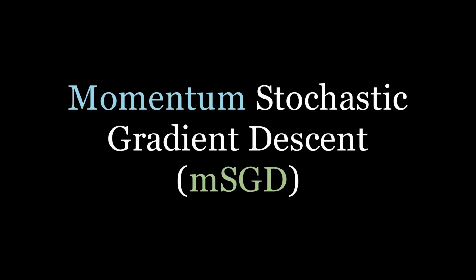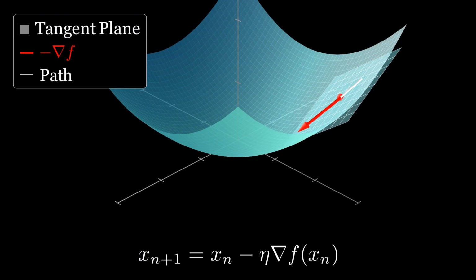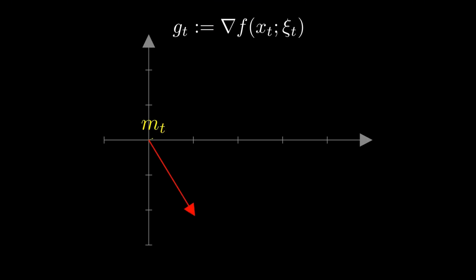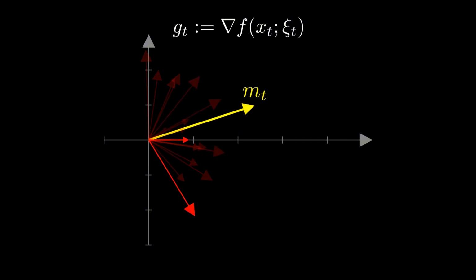Let's now recap the Muon optimizer with some common tricks that we use for ML optimizers. In the trust region picture, each step chooses a descent direction from a local approximation. In deep learning, the gradient is typically estimated from a mini-batch, so the stochastic gradient is noisy and can vary noticeably from step to step. Momentum reduces this noise by accumulating gradients over time.